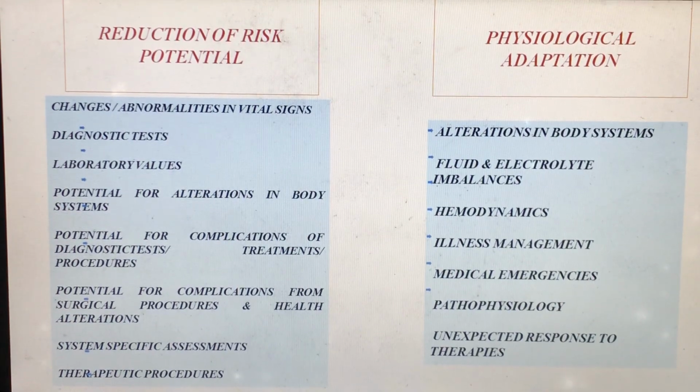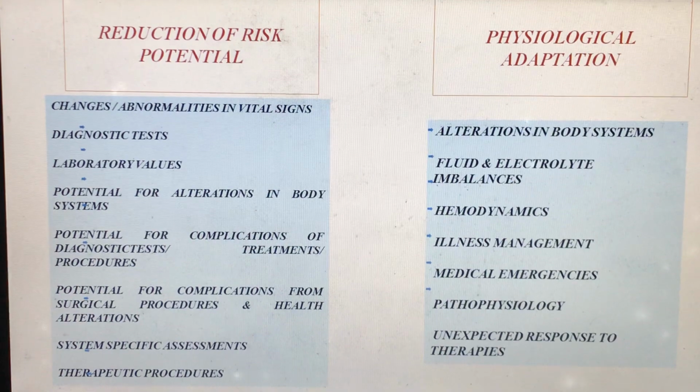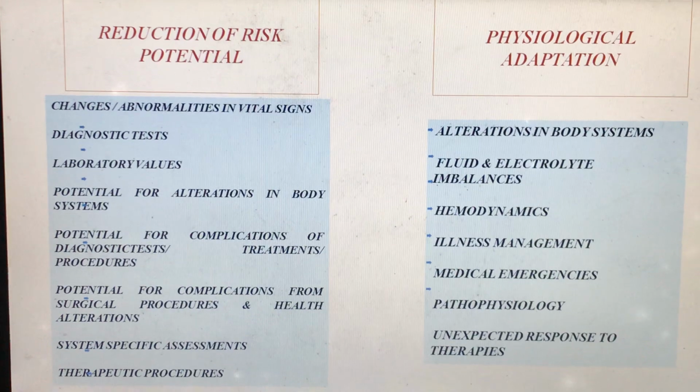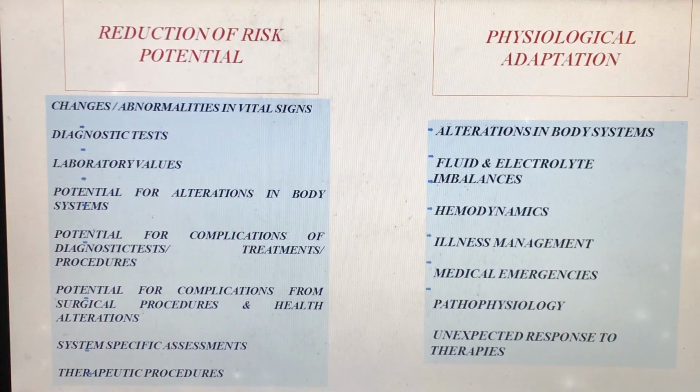Then we will move to physiological adaptation. So how the client is adapting to physiological situations, alterations in body systems. Then fluid and electrolyte imbalance. The fluid and electrolyte imbalance is also an important topic. We can expect some questions from this one. Definitely there are some questions, and sometimes the questions might be related to normal values.